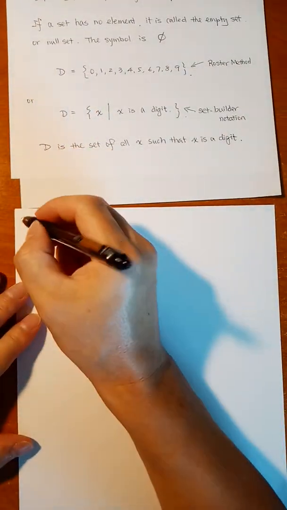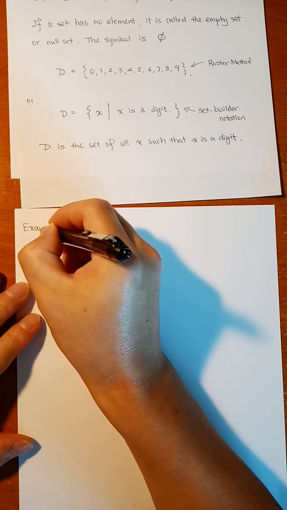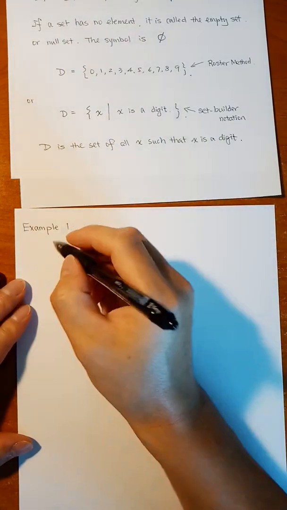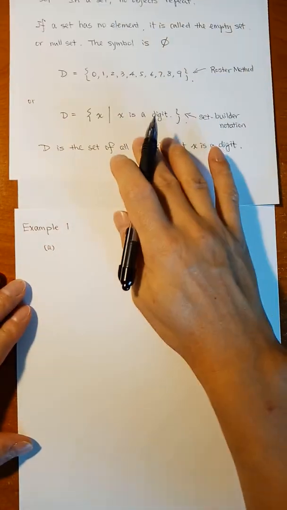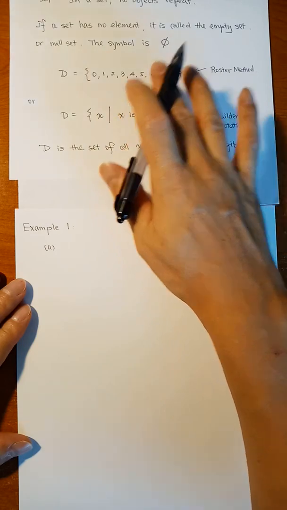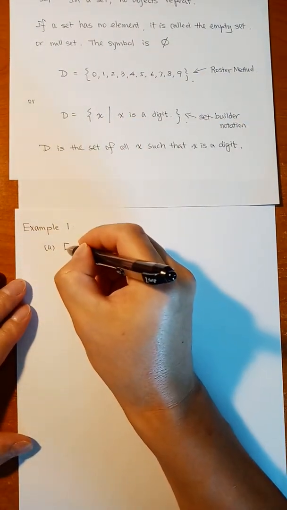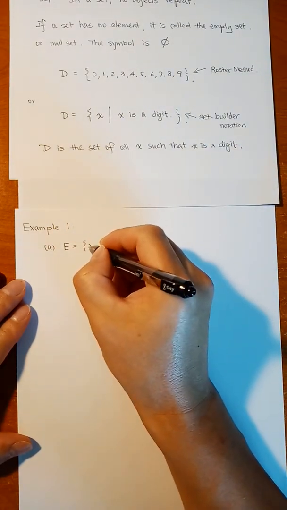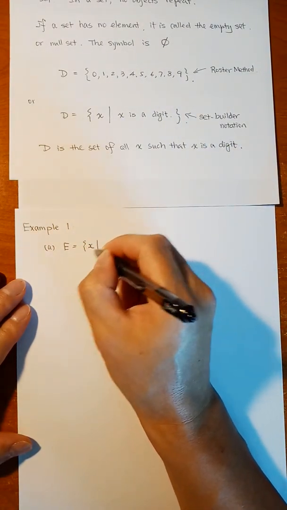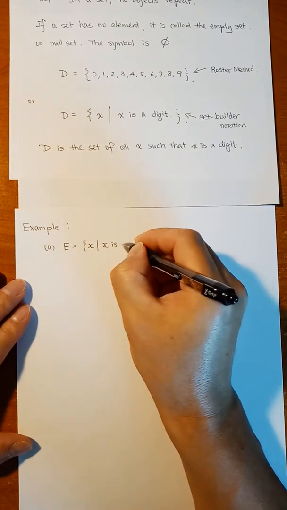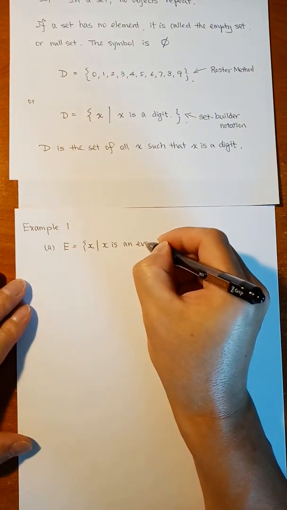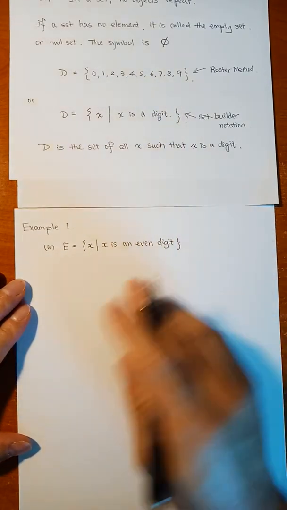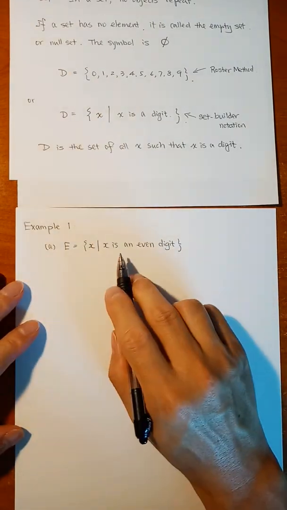Next, let's see a concrete example. Here is one example of a set, and then we have another example using set builder notation. E is the set of all X such that X is an even digit. This is one way to present a set.